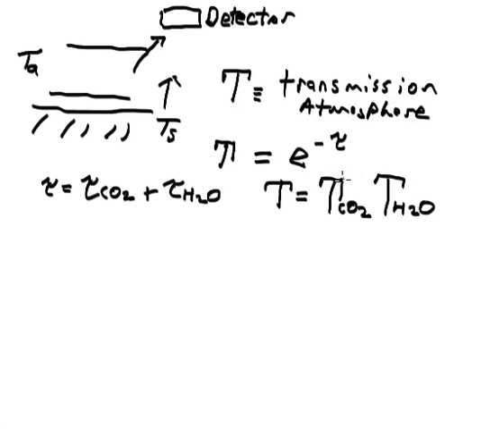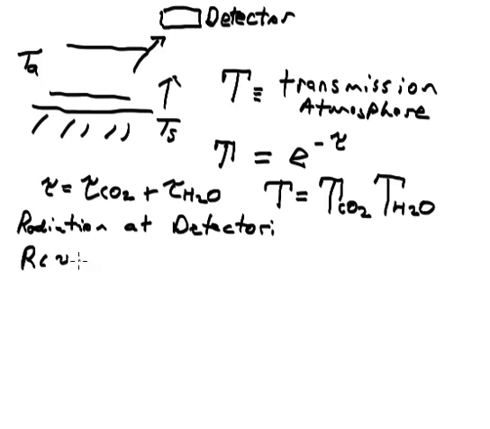Now, let's talk about the radiation model at the detector. At the detector, the radiation that comes to it is going to be the sum of those two terms I mentioned earlier, so that we have a radiance as a function of wave number.